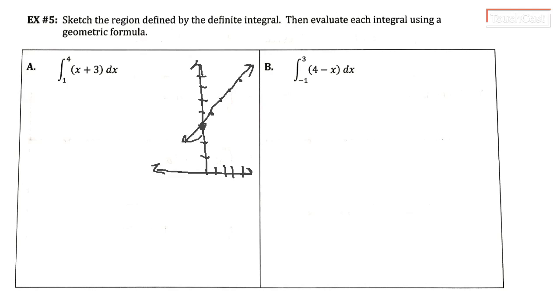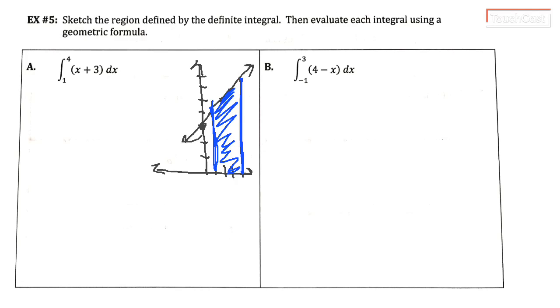Now our integral is looking at the region from 1 to 4, so we are going to just block that off. So we know what portion we're looking at. So we're looking at this blue region, which if I was using graph paper, I would be much more accurate with this picture.